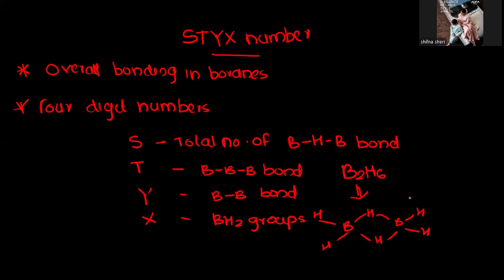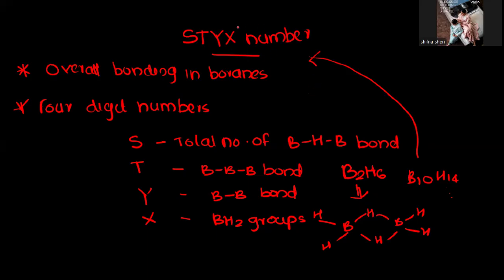But when we get very complex boranes like B10H14, we can't draw these structures. It is very difficult to find the number of bonds through the structure. So for that, the styx number was discovered.